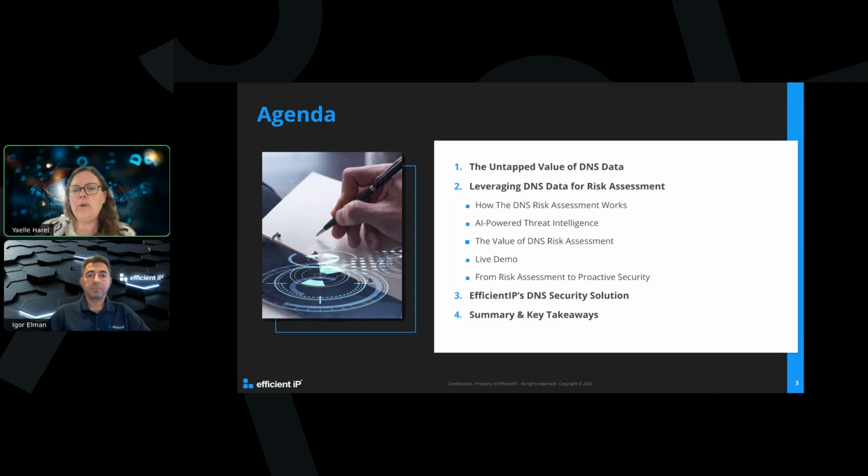After that, I'll introduce EfficientIP's DNS security approach with a brief overview of our DNS security solutions, and we will, of course, finish with some key takeaways and your questions. Feel free to write your questions in the chat during the session. We will take a look and address the questions only at the end. So thank you for your patience, and let's start.